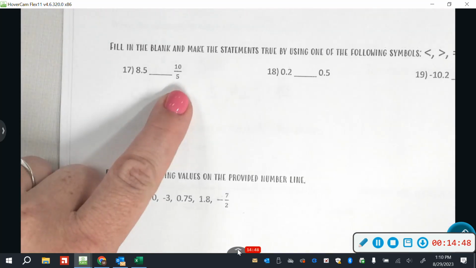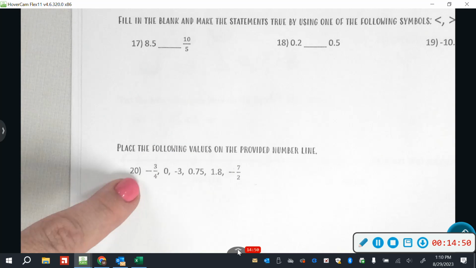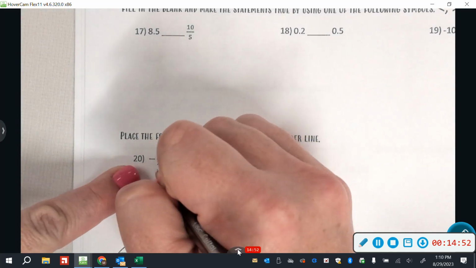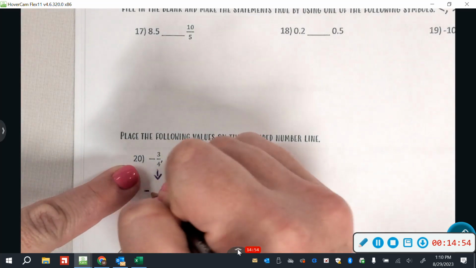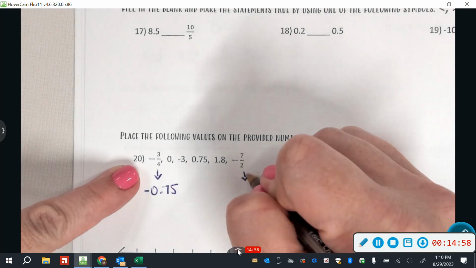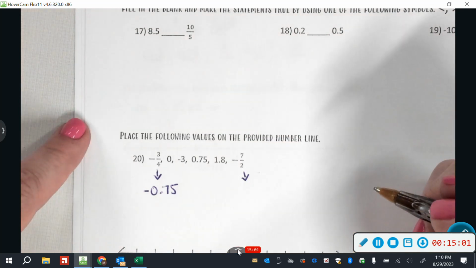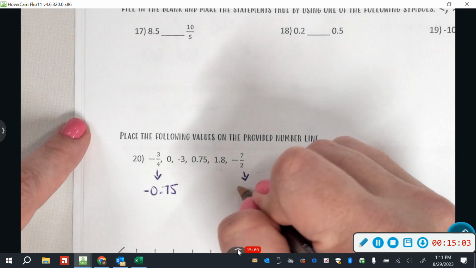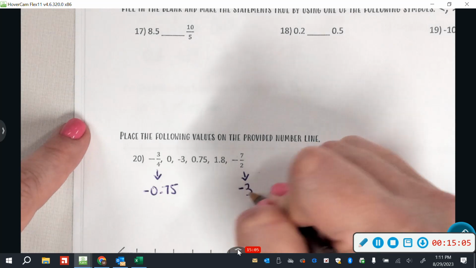Okay. This one y'all should be able to do, hopefully. What's 3/4 as a decimal? So it's -0.075. And who knows -7/2? 2 goes into 7 how many times? 3 times.